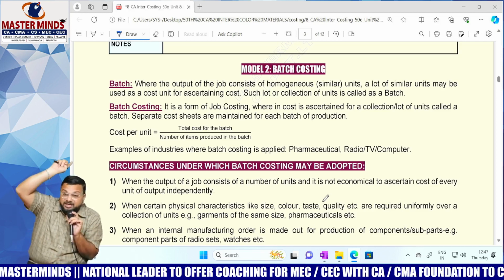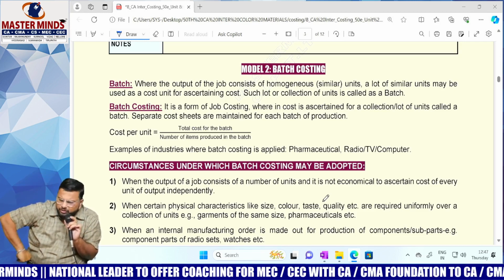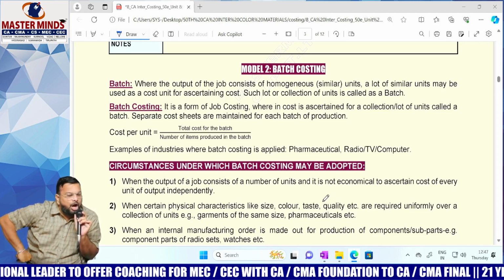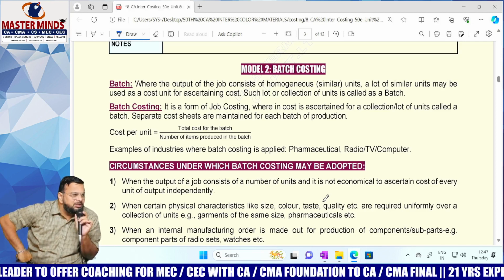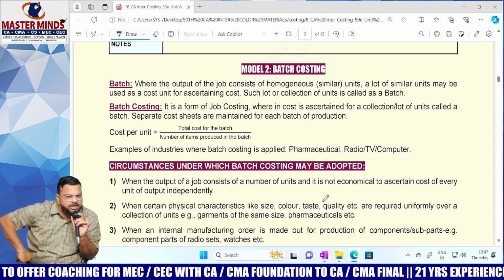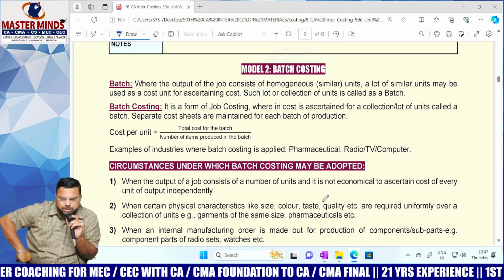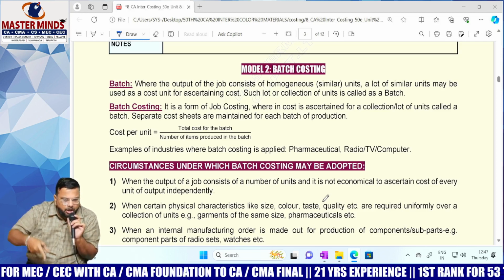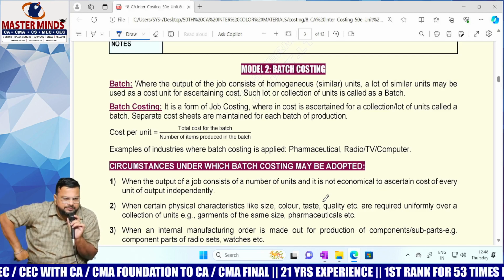Now, if you remember the trial and error method, how will you calculate total ordering cost? Number of orders into ordering cost per order. Now, how will you calculate total setup cost here?